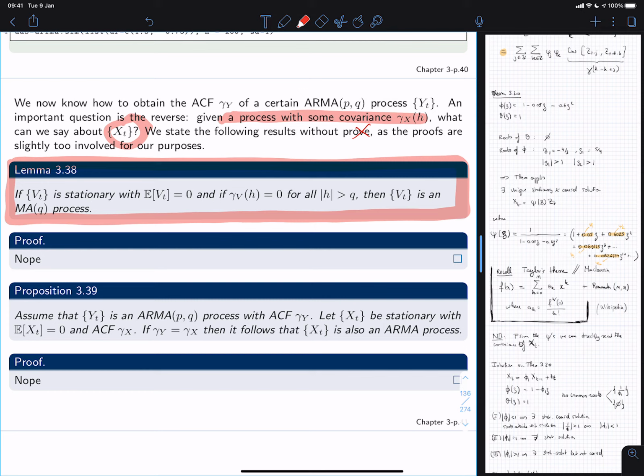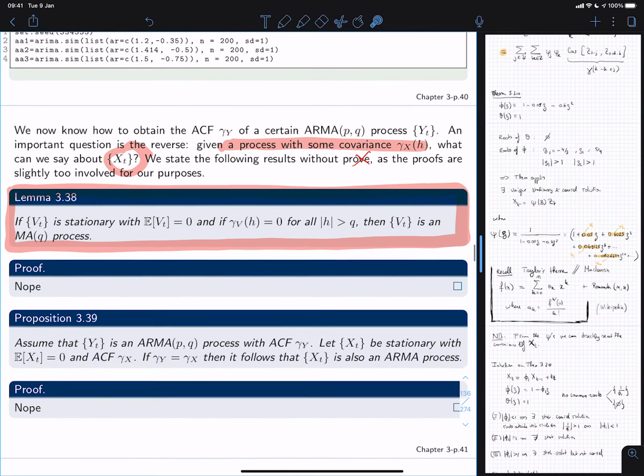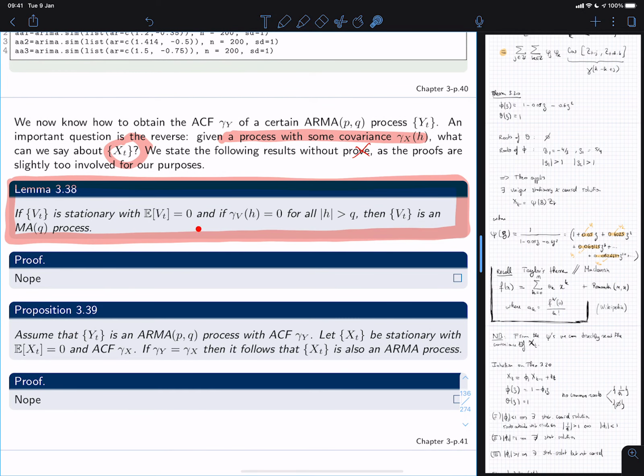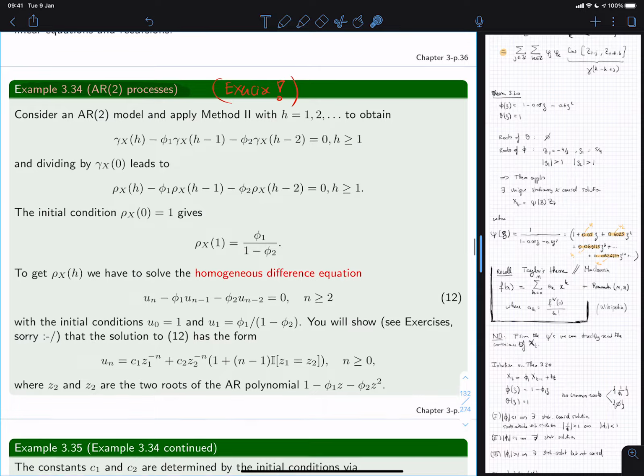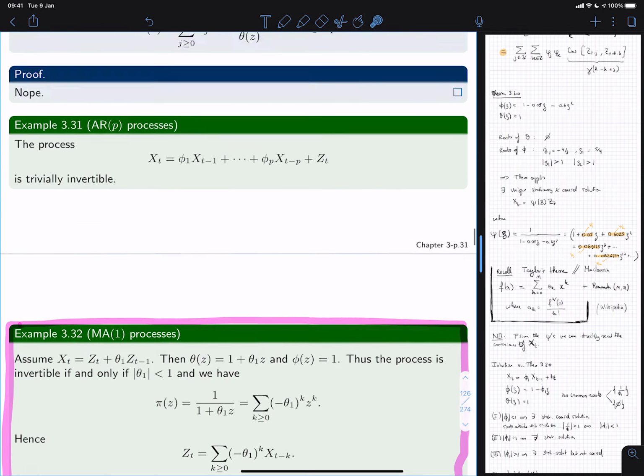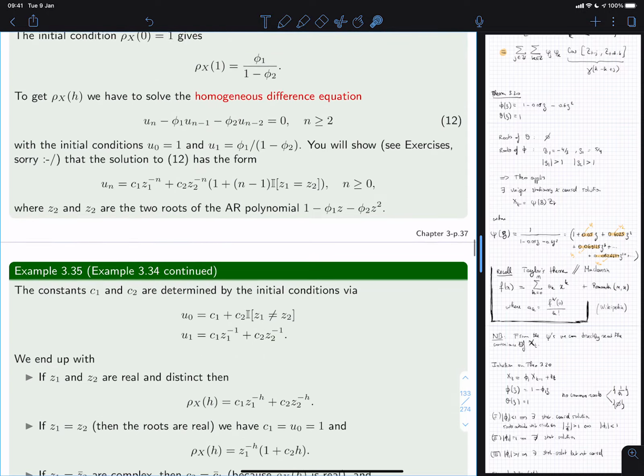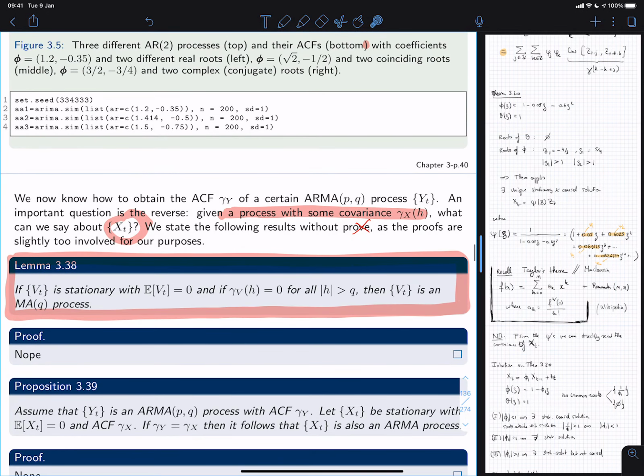So the first proposition is that if you have a stationary process which has mean 0 and whose covariance is equal to 0 for all h larger than a certain q, so that's exactly the same as the covariance of the moving average process, then it is possible to show that your process is necessarily a moving average process.